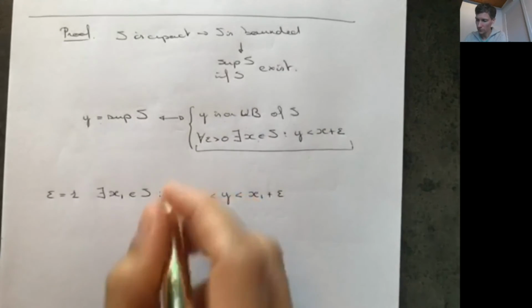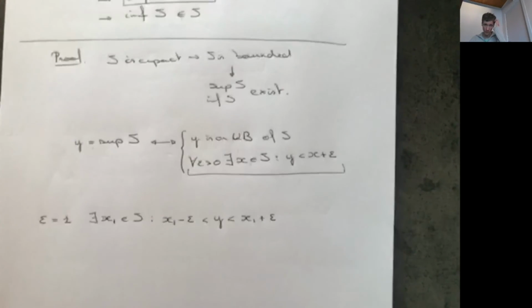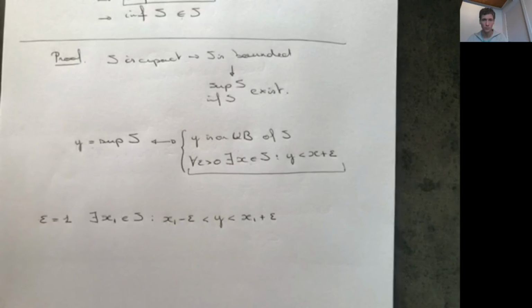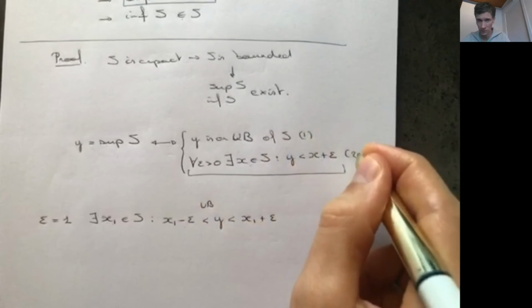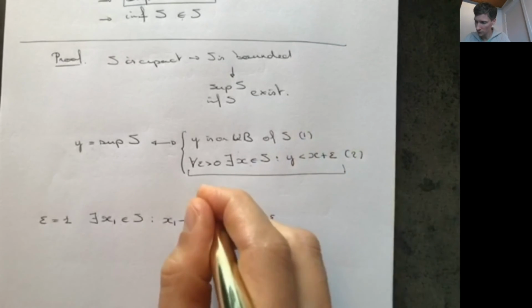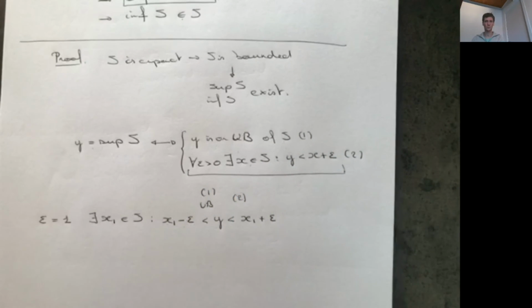So I know that y is bigger than x1 minus epsilon, right? y is greater or equal to x1, right? Because it's an upper bound, so if I decrease x1 by a little bit, I make it strictly smaller than y. Okay, so this is because it's an upper bound, and this is because, right? So if this is 1 and this is 2, this is because of 1, and this follows because of 2.